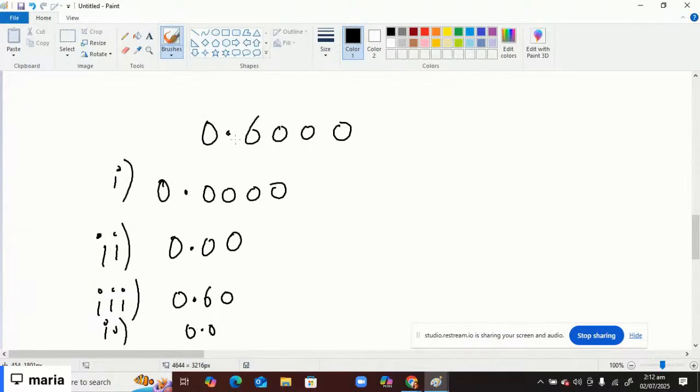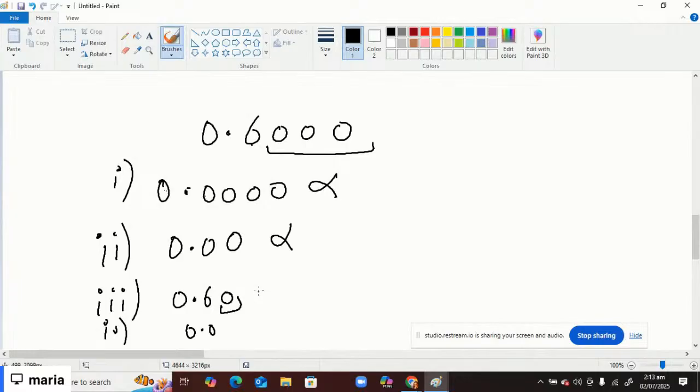This is 0.6, so it must be 0.6 here. This is 0.6, no. There is 0.6, no. There is 0.6, yes. But here are three zeros and here is only one zero, but this zero means nothing if it is on the right side, whether it's 1, 2, 3, or any number.